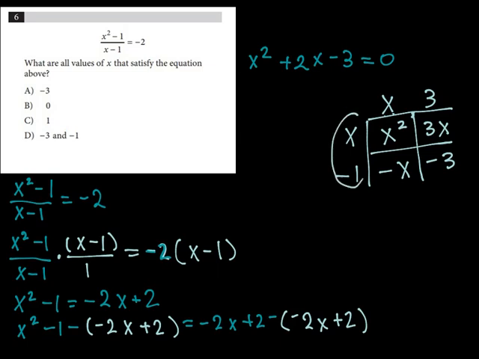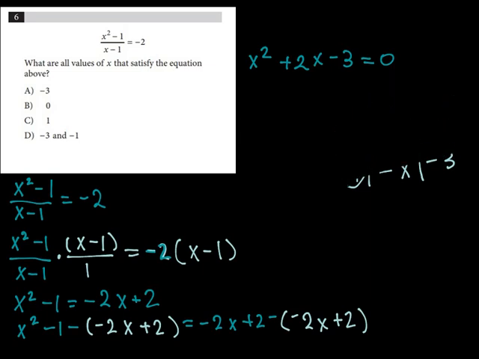So we now know that these are our factors, so let's just write them down. So x minus 1 times x plus 3 equals 0.